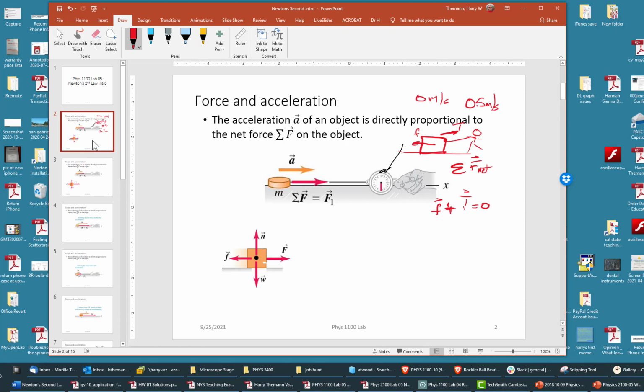And so to further understand this sort of sigma, and sigma just means, if I say sigma F_i, i equals 1 to n, and I put i here, that just means F1 plus F2 plus all the way up to how many objects, and in this case they're all vectors, so we have to be careful. Although in physics 1100, it's usually pretty straightforward.